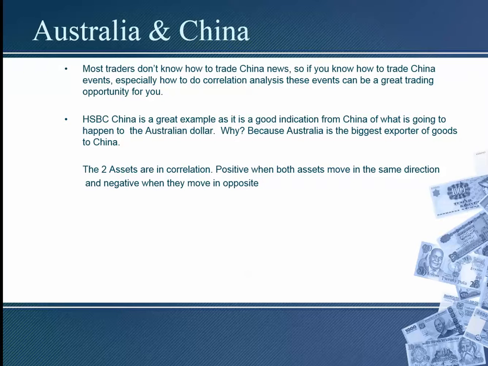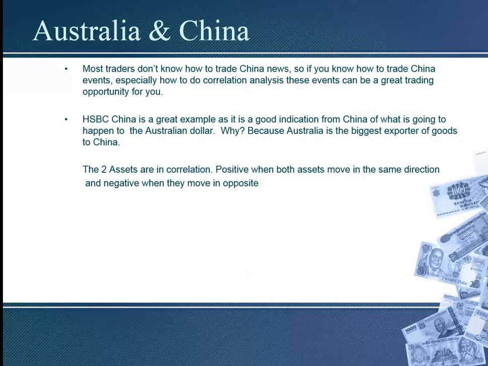Australia and China are also very good examples. Most traders don't actually know how to trade China news. So if you know how to trade China events, then you're going to do very well, especially if you learn how to crack correlation analysis. These events are great trading opportunities, such as HSBC China.